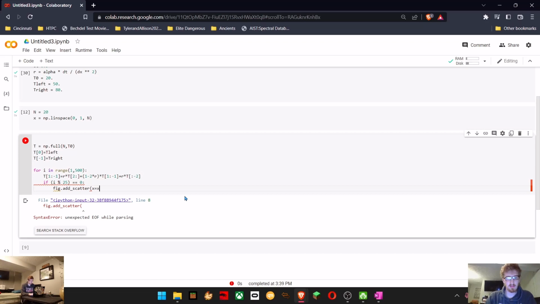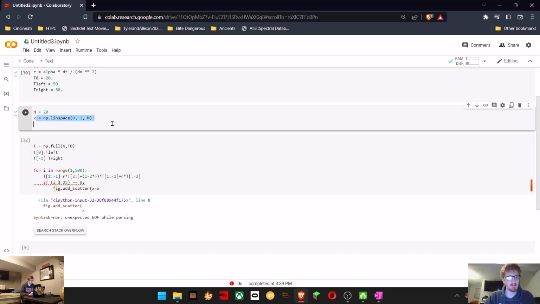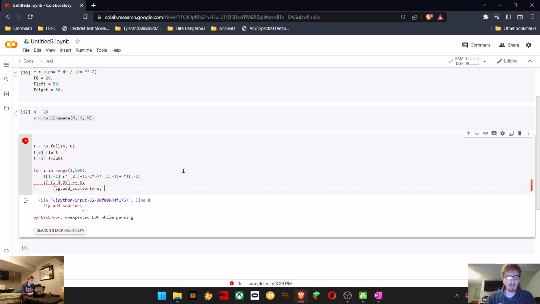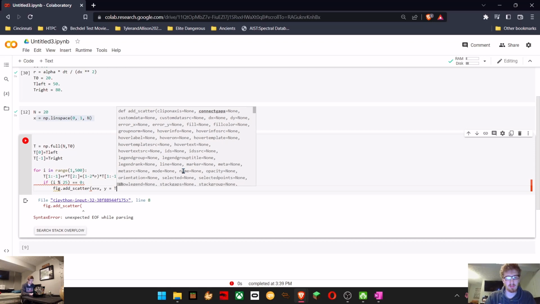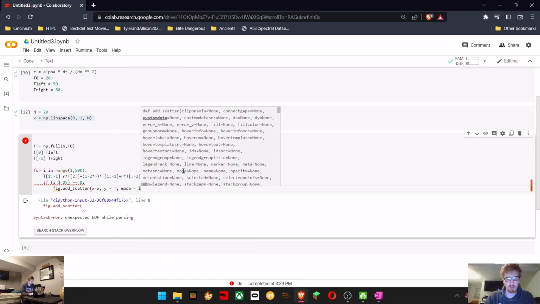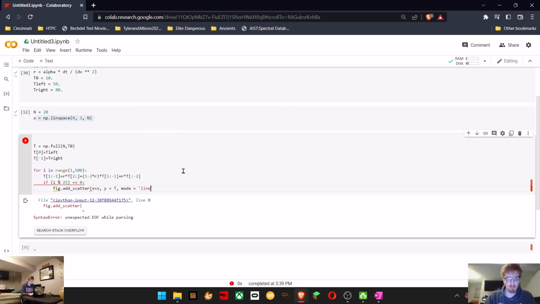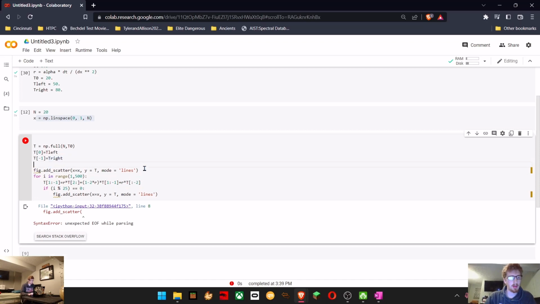But anyways, looks like my initial thought was correct. x equals x, this x being the array that we set up earlier for all the increments along our x-axis. And then our y is just our temperature. And our mode equals lines. And then before that, we also want to have our initial scatter plot.